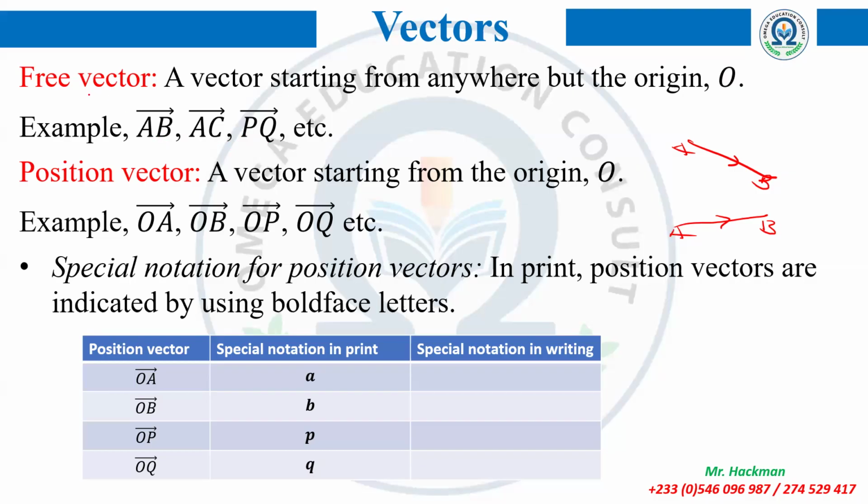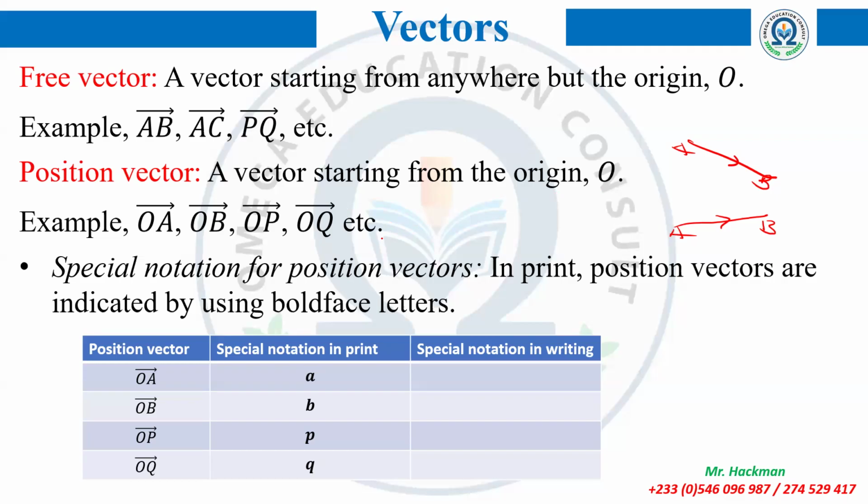Take notes. Once you know the definition of a free vector, automatically that of a position vector is known, its opposite. So if a free vector is a vector that does not start from the origin, then obviously the position vector will be a vector that starts from the origin O. Every free vector, the starting point will not be O. Every position vector, you always start from O and end at another letter.